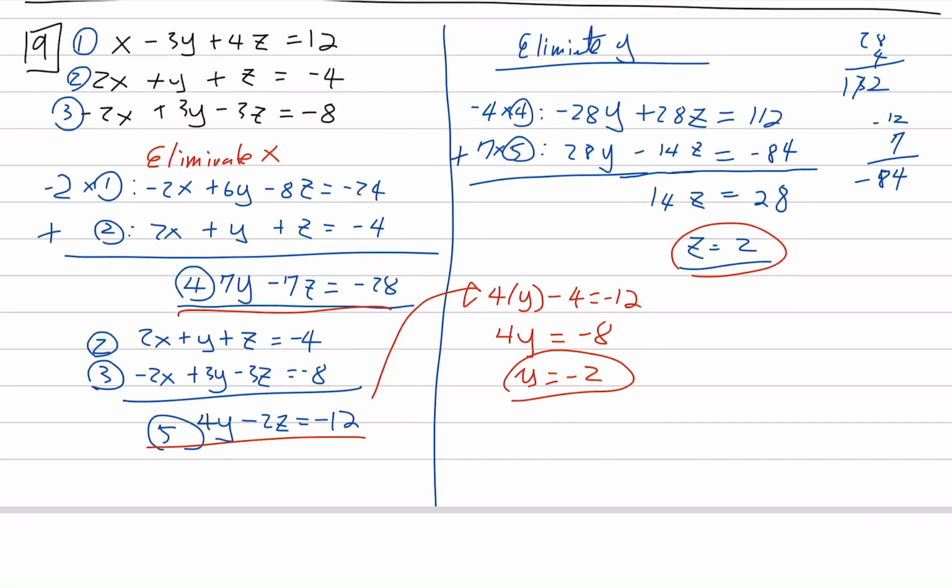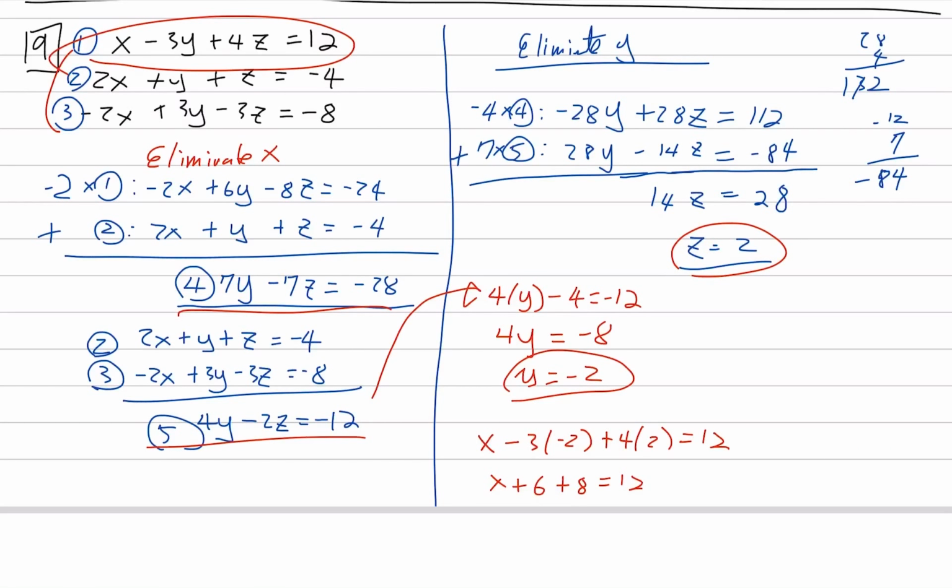So then I can plug both of them into any of these three equations. Let me plug it here to solve for x. So x minus 3 times negative 2 plus 4 times 2 equals 12. X plus 6 plus 8 equals 12. X plus 14 equals 12.